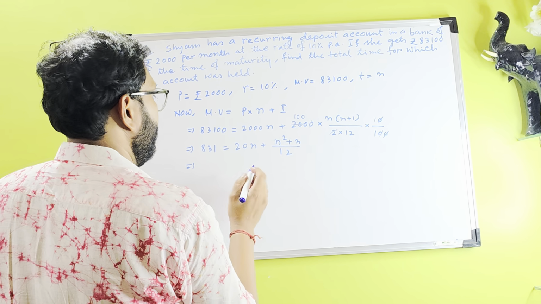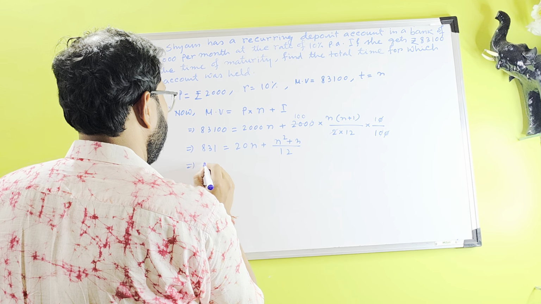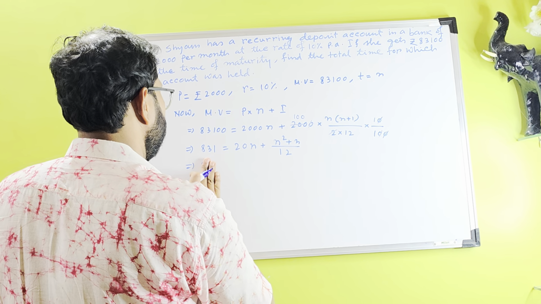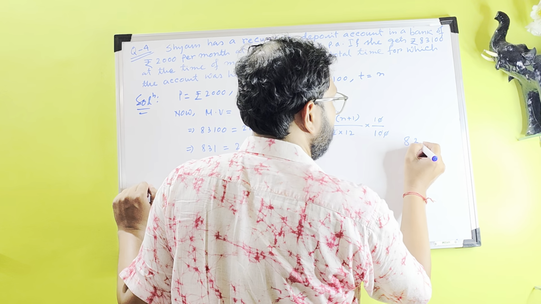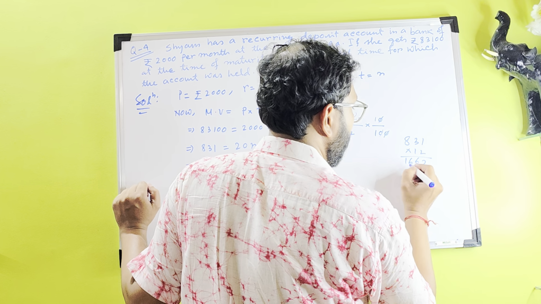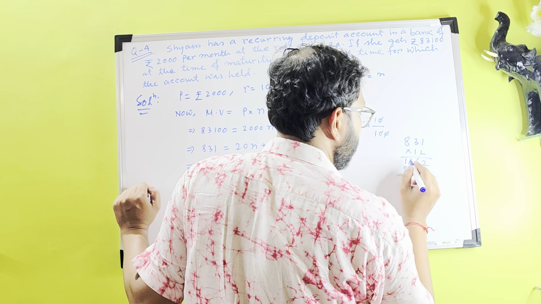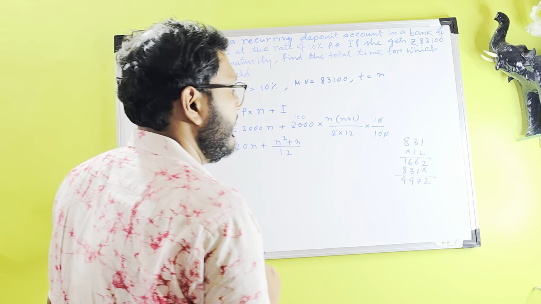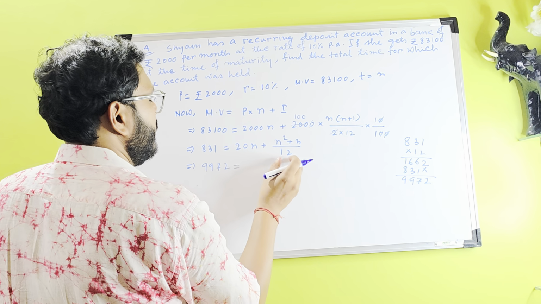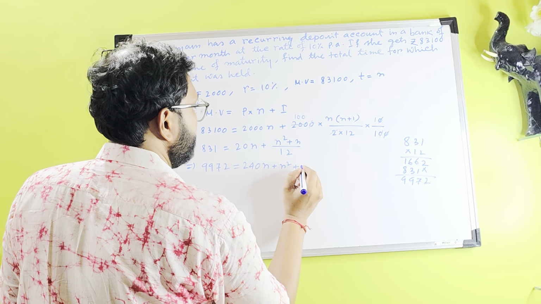So 831 into 12 is 9972. So 9972 equals 240n plus n square plus n.